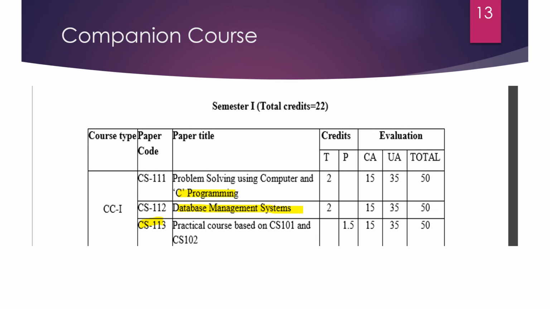For this course, you have to earn a maximum of 1.5 credits, and the evaluation for this course is internal exams of 15 marks and university exams of 35 marks, and the total marks you have to earn here is 50.